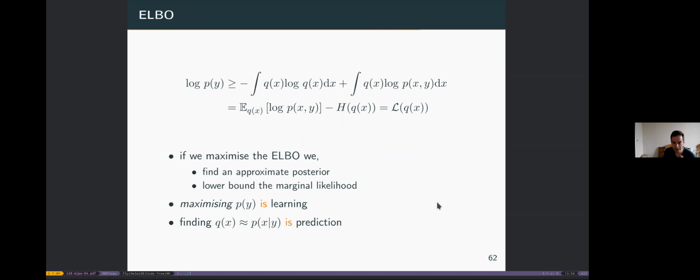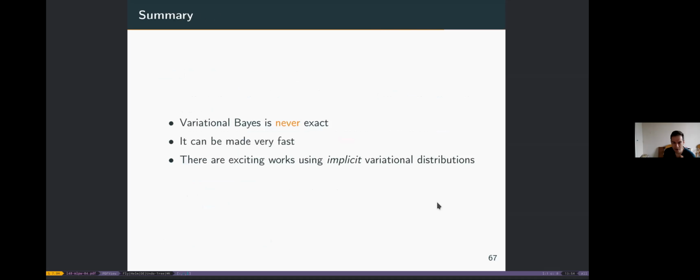I know that I'm running massively out of time, so I'm just going to jump very quickly to the summary. There was not much more, just a specific case that I was going to go through. The thing with variational Bayes is that because we specify q, it's never exact. Where the sampling methods are exact in the limit, variational Bayes is never exact, because if you have an analytically intractable posterior, you clearly can't find a tractable formulation of that, right?